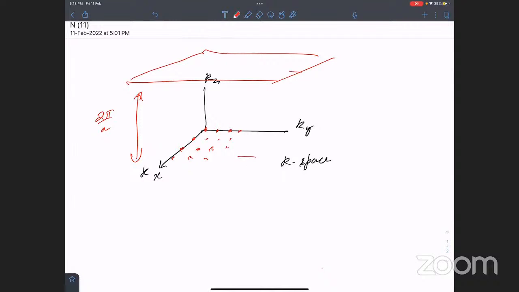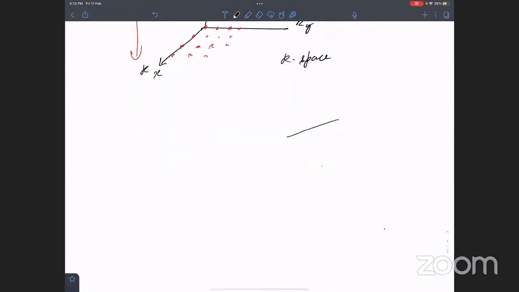Now what happens if we go to one-dimensional gate? Then I'll have a system. This will be my system, and electrons can go in the Z direction, but they're trapped in the X and Y directions.